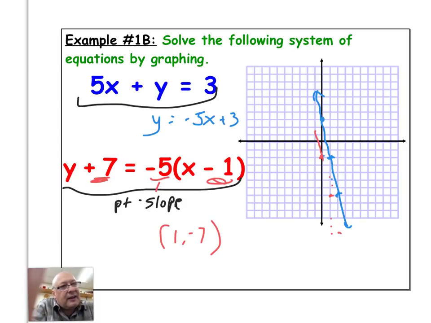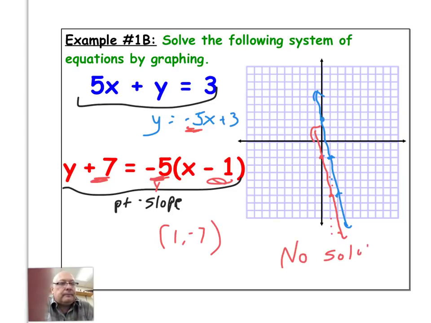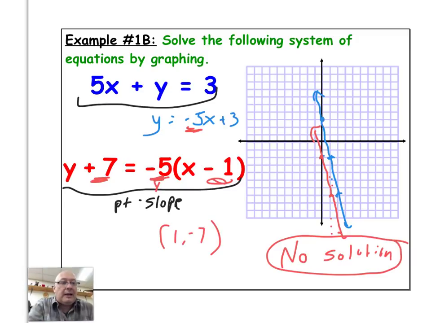This is interesting. Looks like these guys will never cross. I think they're parallel. Let's analyze the slopes. Lo and behold, they are parallel. These will never cross. No solution. Remember, no solution is what you say when the lines never cross, if they're parallel with different y-intercepts.